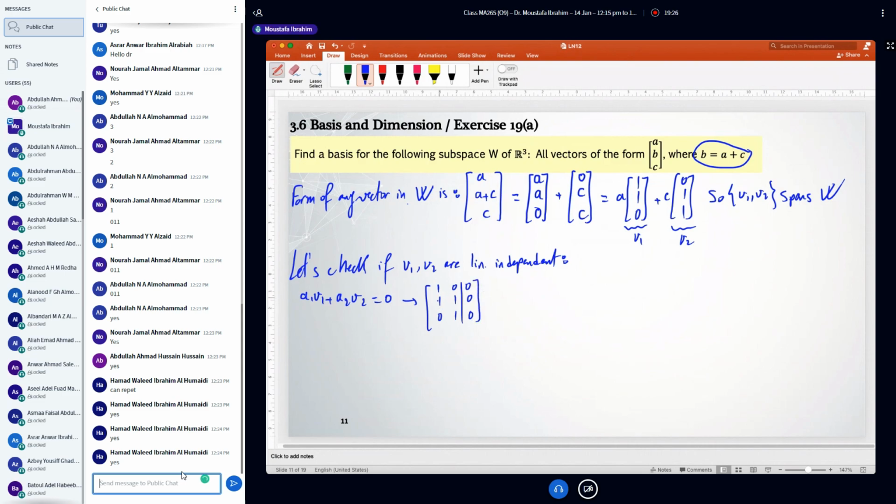Now we have the leading one, we cancel everything below it, R3 minus R1. 1 0 0, 0 1 0, and the last row we didn't touch. Now the second leading one is 1, we cancel everything below it, R3 minus R2. 1 0 0, 0 1 0.